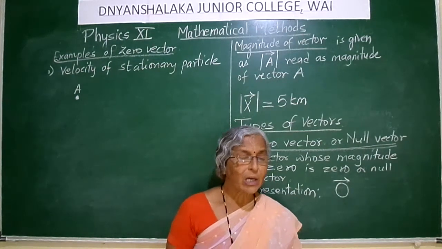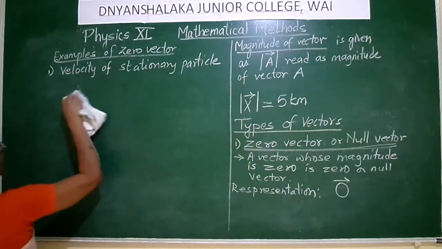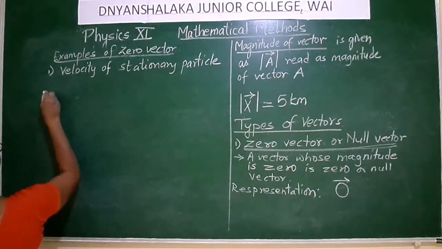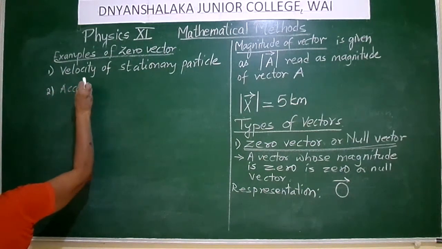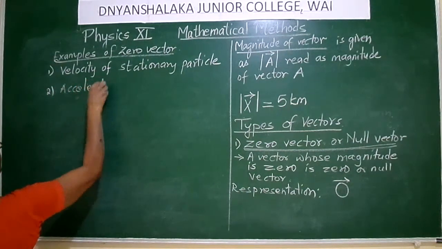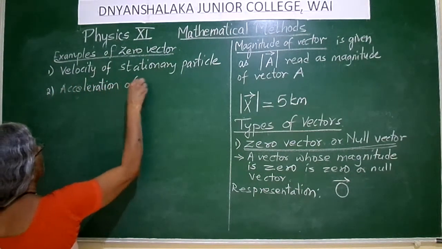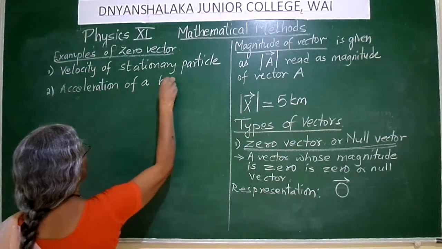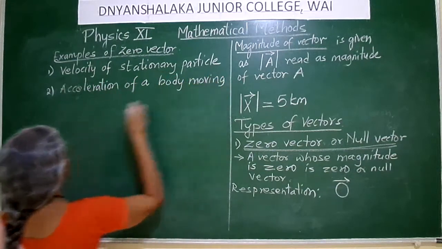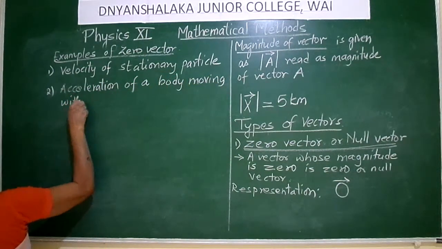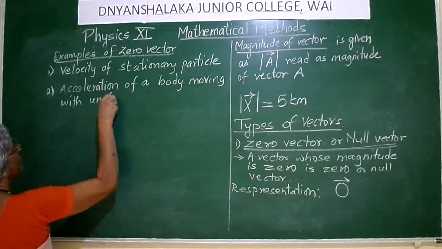Now if you take the second example, acceleration of a body moving with uniform velocity.